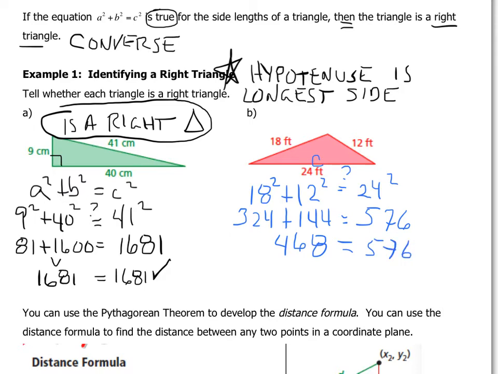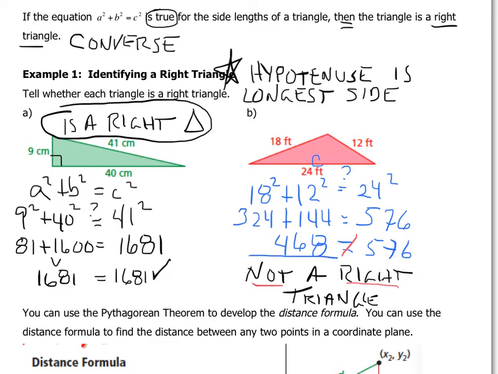What that basically is telling us is not that it's not a triangle, because it is a triangle, but because they are not equal, this is not a right triangle. We can see that it is a triangle, but what we know for sure, based on the converse of the Pythagorean theorem, is that it is not a right triangle. So using the converse will help you determine if a triangle is right or not right, so that we can then use that information to go forward.